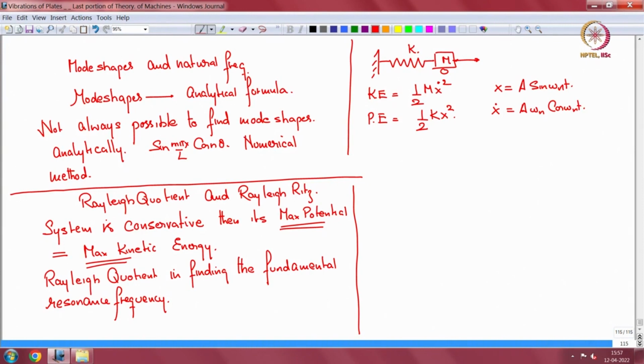So the kinetic energy is given by 1/2 m a square omega n square cos square omega nt, and the potential energy is given by 1/2 k a square sine square omega nt.